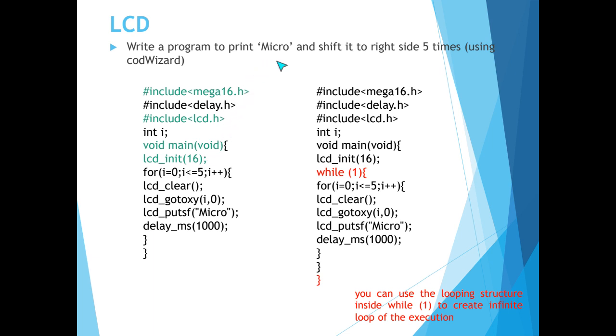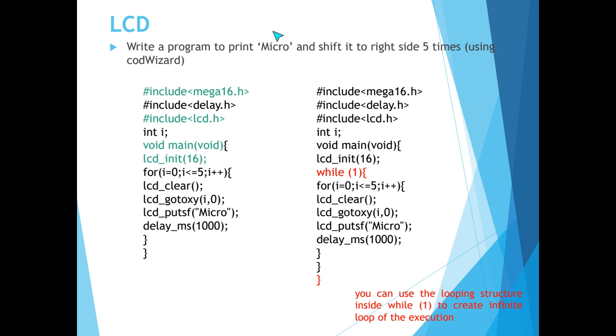Then the rest of the code is related to the example, meaning the content that the example wants us to write in our coding and execute in our Code Vision. It wants us to print a micro and shift it to the right side 5 times.